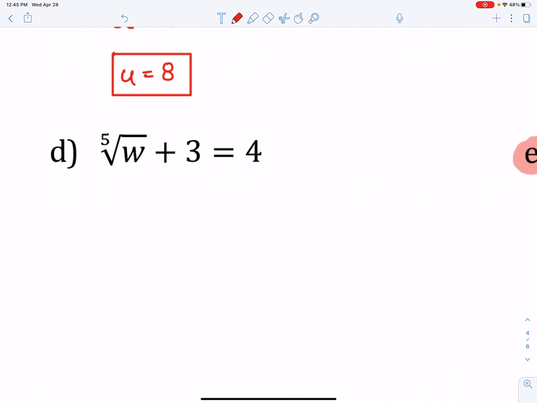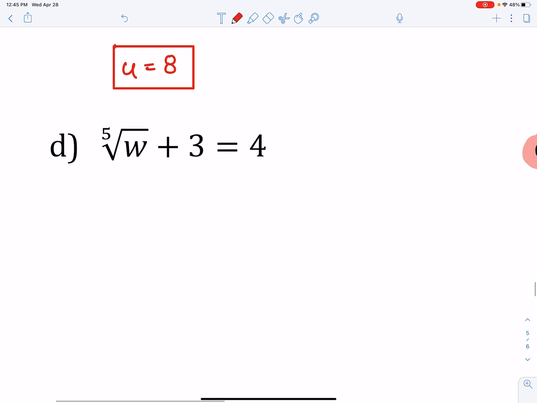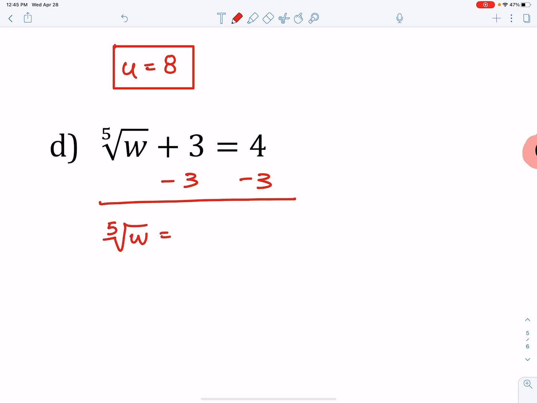This one I'll do with you. I think it will set up for the other ones. So we need to get rid of this 3 first. So we need a minus 3 on both sides. The reason why we subtract is because if this is plus 3, the inverse operation of that is minus 3. That leaves us with the root equals 4 minus 3, which is 1.